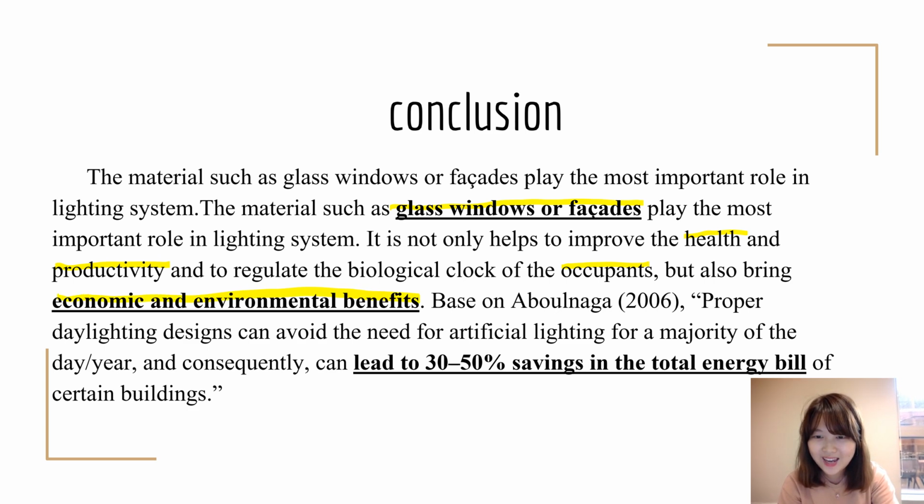Based on Arbonagar in 2006, proper daylighting designs can avoid the need of artificial lighting for a majority of the year, and consequently can lead to 30 to 50% savings in the total energy bill.